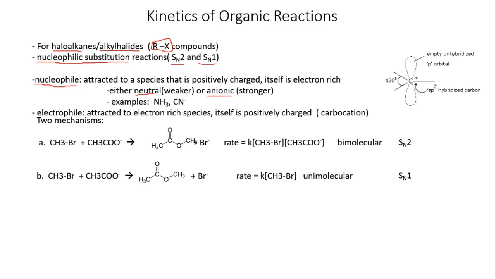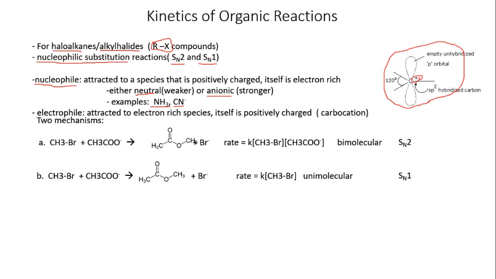For example, we have ammonia, which is a nucleophile, and cyanide. Now these nucleophiles are attracted to positive charge. So on an organic compound, the most common type of positive charge we have is called a carbocation, where the carbon has a positive charge.